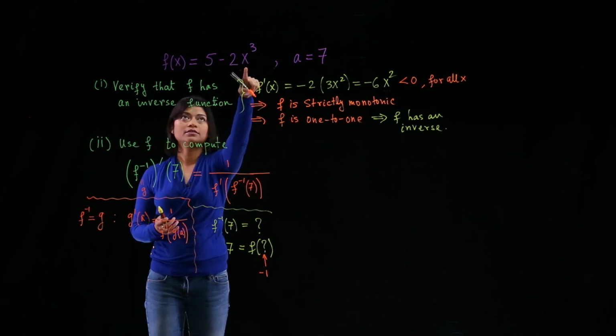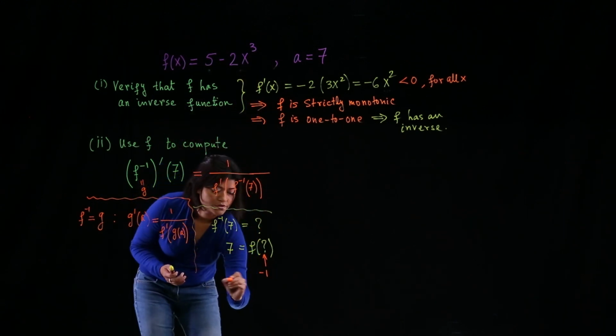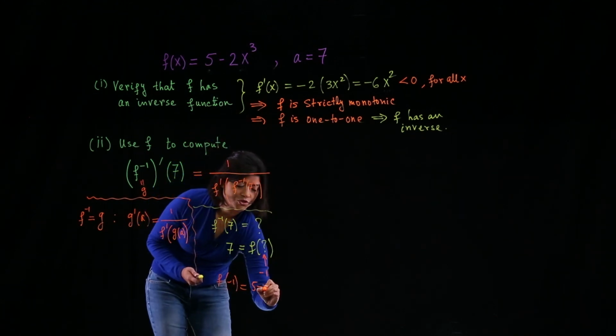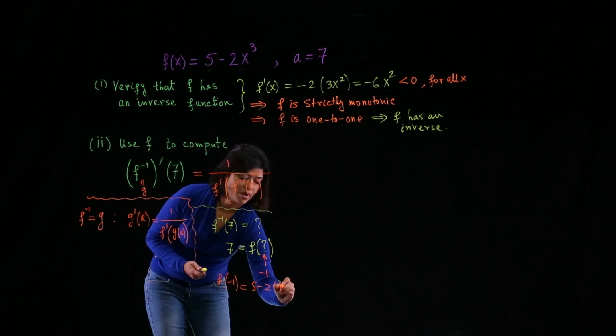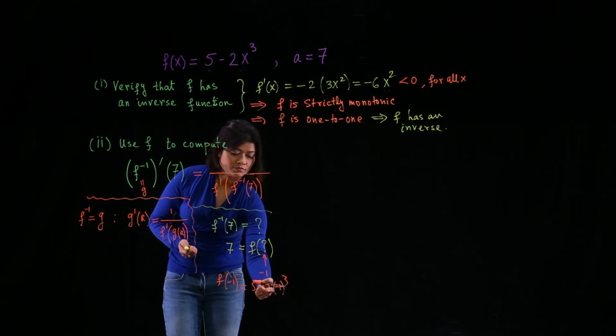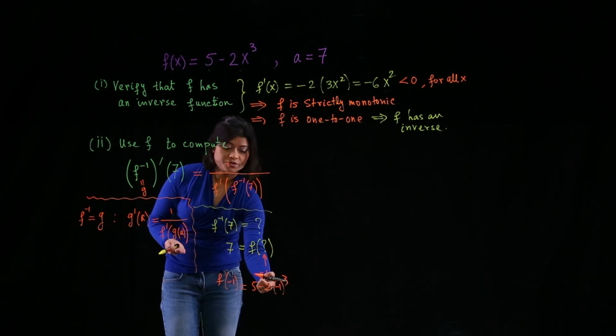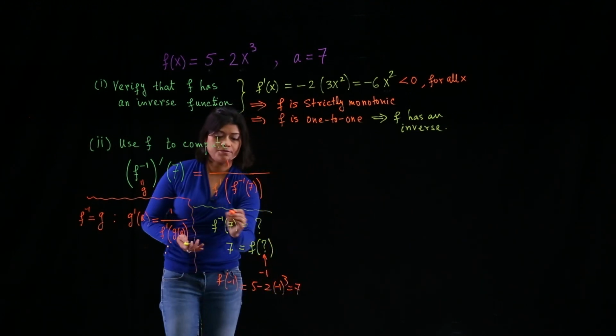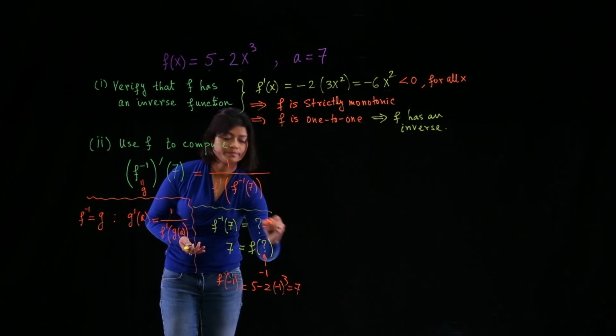So f of negative 1 is 5 minus 2 times negative 1 cubed. So this is a positive 1. That means you get 2, so 5 plus 2 is 7. Therefore, f inverse of 7 is negative 1.